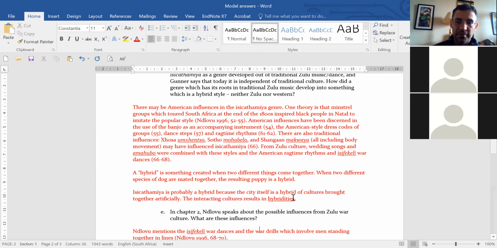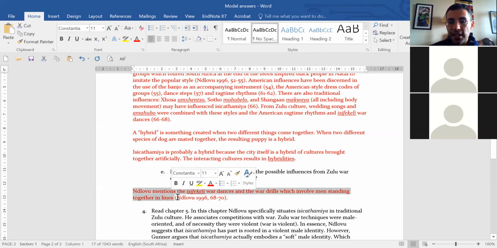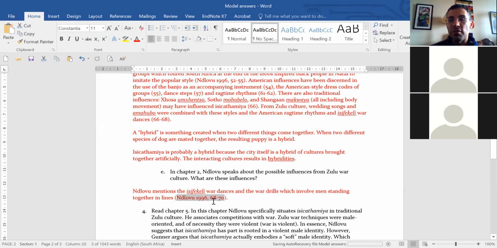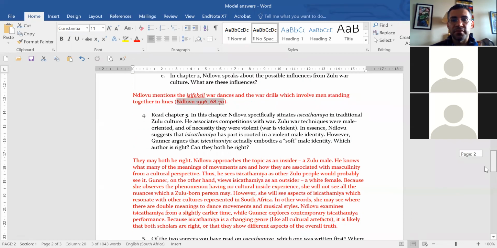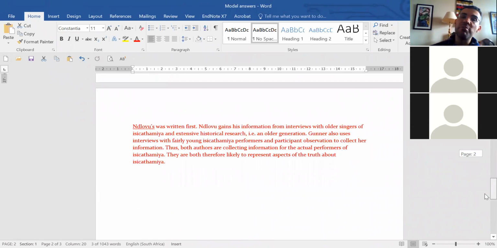Okay. Then look here. In chapter 2, Ndlovu speaks about the possible influences from Zulu war culture. What are these influences? I say what Ndlovu says, and then look, I put exactly where I found that: Ndlovu, 1996, from page 68 to page 70. All the way through here, I've done that over and over again, except where I've been asked to give my own opinion.